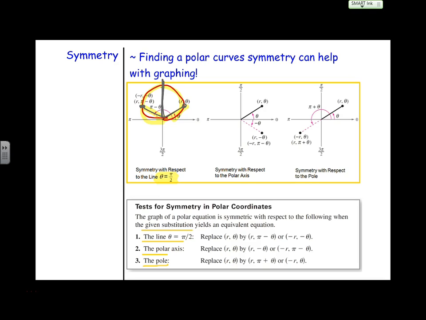Just a quick hint, pi over 2 symmetry: what trig function is the same in the first and second quadrant? A function that commonly has pi over 2 symmetry is anything with sine. Because if you think about the sine curve, the first quadrant and the second quadrant go through the same values.